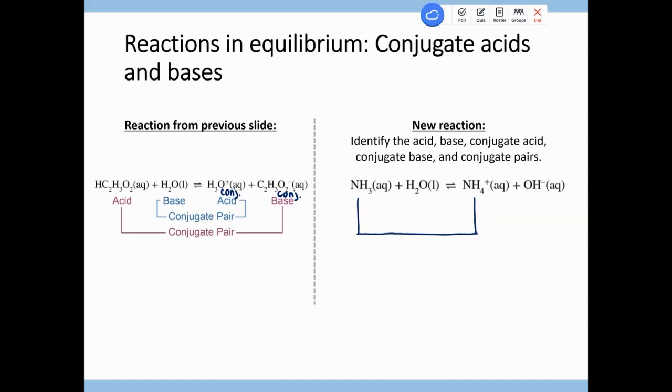That means that NH3 gained a proton, gained an H+. So NH3 is the molecule that gained the H+. That is the definition of a Bronsted base. Bases gain H+, acids donate H+. So NH3 is the base. Then that makes NH4+ the conjugate acid. And then these two are a conjugate pair.